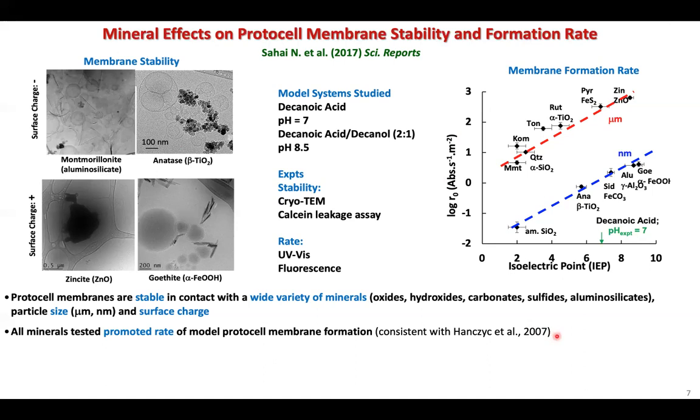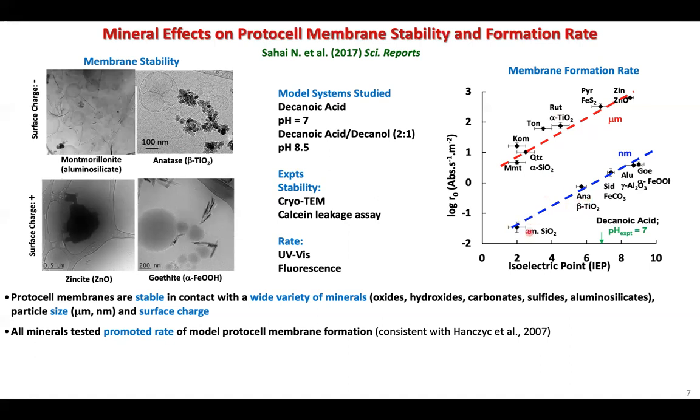However, they did not find any consistent trend with any mineral properties, whereas we showed that there's a clear trend with the isoelectric point, that is to say the surface charge of the mineral. Moreover, the micron-sized particles and the nanometer-sized particles fall on different trends. And you can see that beta titania, which is still a titania phase, so it is chemically very similar to rutile titania, but particle sizes are different and crystal structure is different.